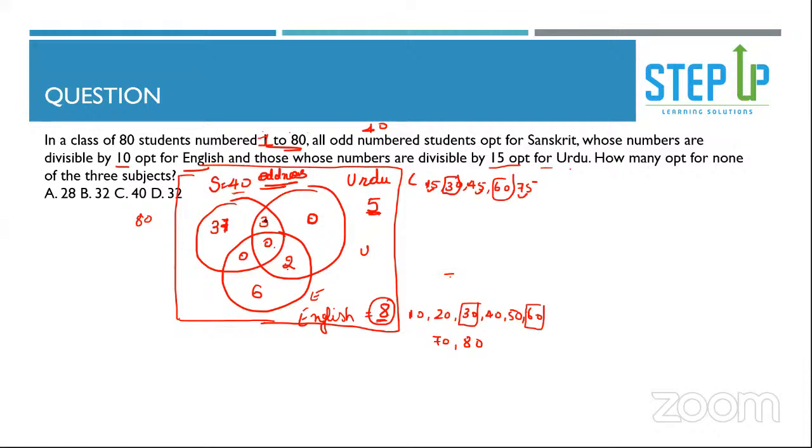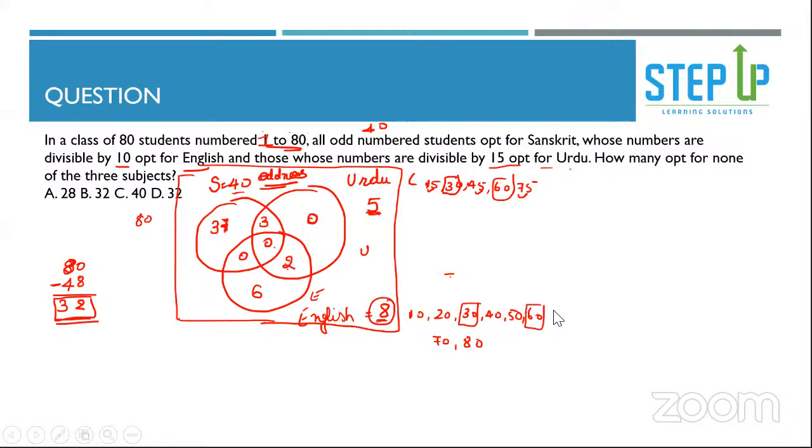So 37 plus 3, 40 plus 8, 48. So 80 minus 48 is giving you 32. So 32 should be the answer. Yeah. Okay.